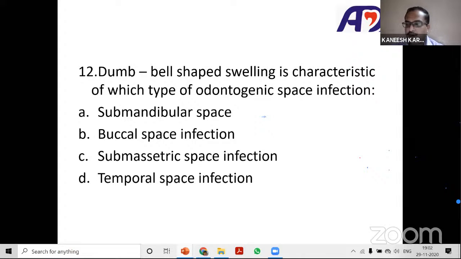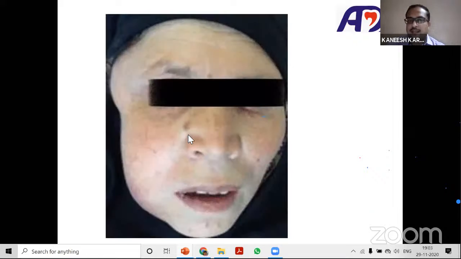I can see again multiple answers. It is temporal space infection, because of the zygomatic arch. You see here, the temporal space infection spreads above the zygomatic arch and below the zygomatic arch. So it has a dumbbell shaped swelling.